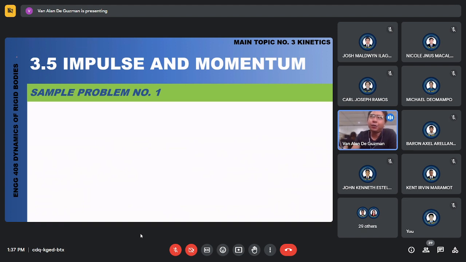And possible din po ba siyang gamitin with principle of work and energy? Possible din. However, sa principle of work and energy kasi, marami tayong pinapakita na schematic diagrams. Kasi we have yung ating work, that is the force associated with a change in position.